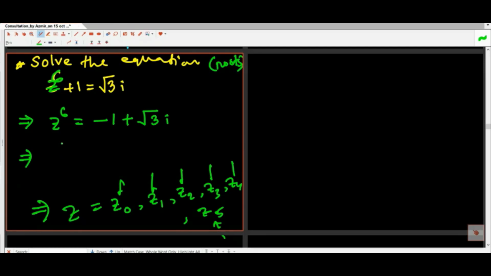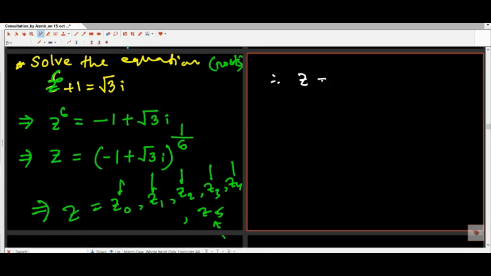So if we just want to keep z on the left side, it will be (-1 plus root over 3i) power 1 over 6. So I hope you have understood up to this one. So that means we have z equals (-1 plus root over 3i) power 1 over 6.